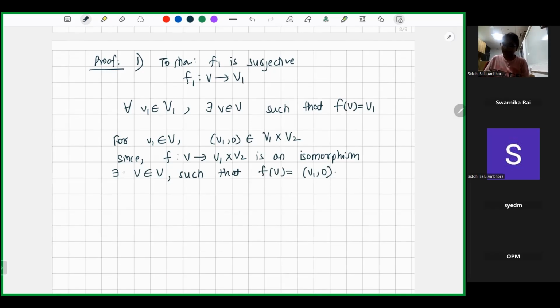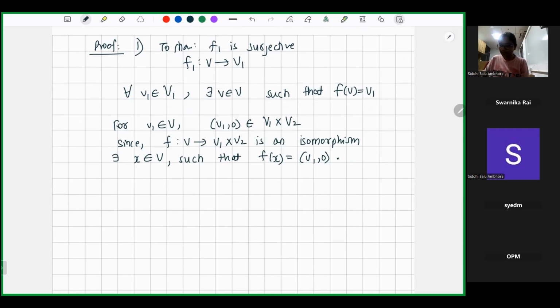Or let us take x, if you don't want this to coincide with v1. Is this okay so far? There exists some x such that F of x is (v1, 0).